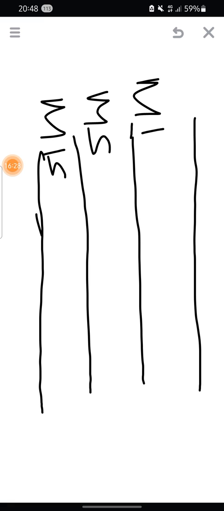I'll use my chart like this. Let's say we have got these ones. This is M1, this is M5, this is M15, right?